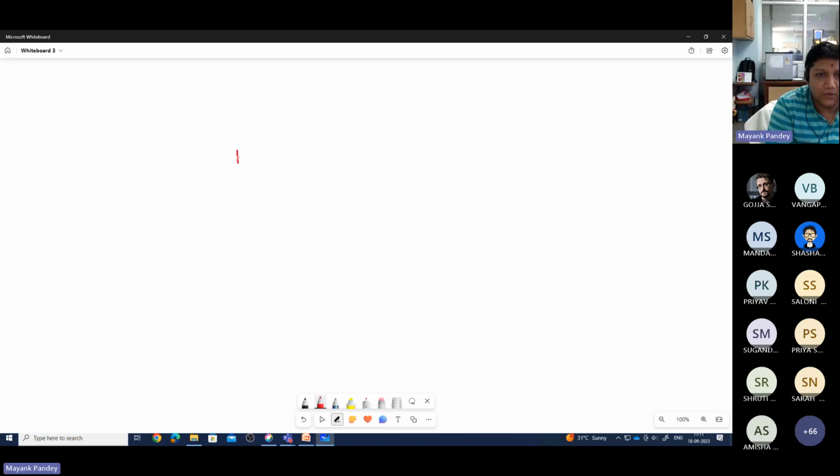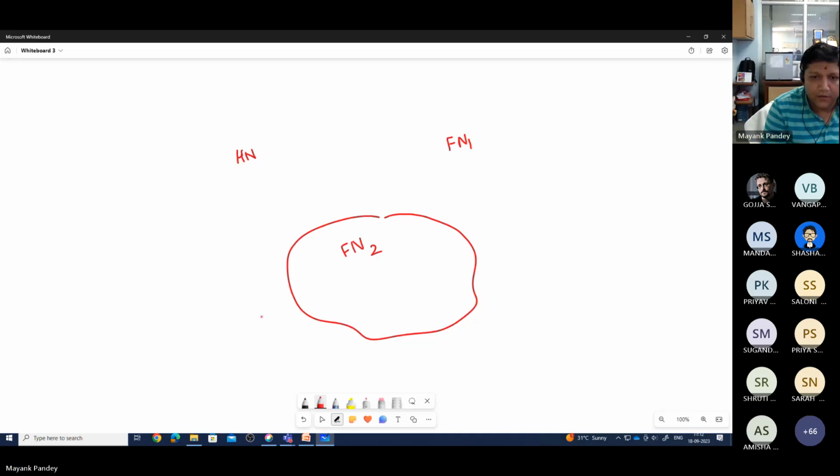Suppose this is the home network. This is foreign network 1 and there is foreign network 2. Your correspondent node is here in this foreign network, and your mobile node also is in this foreign network.